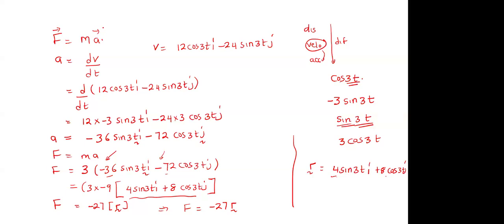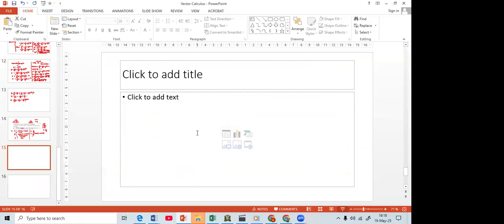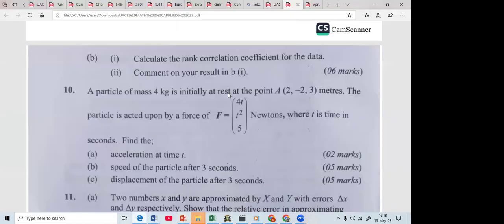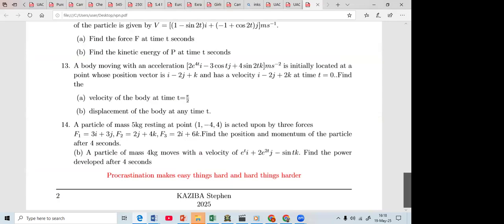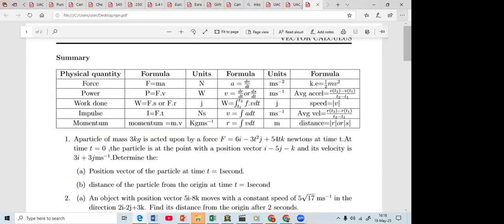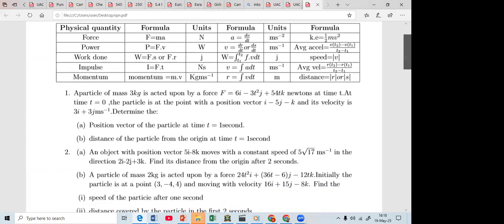If you have finished, you're going to allow me to stop sharing and I give you some work that you can try in your free time. So this UNEB question we have done. So I'm going to share with you this work on vector calculus. What you do, you're going to try out these numbers in your free time.